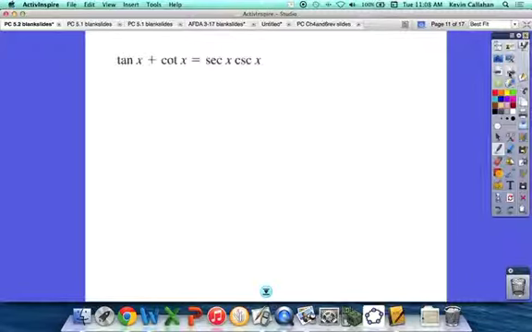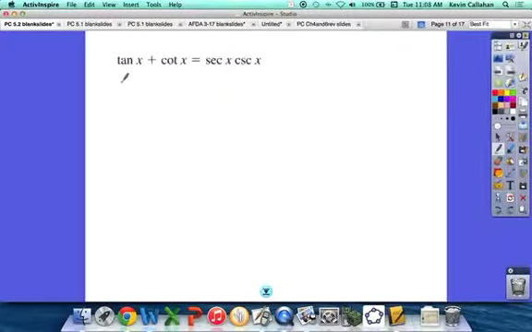The only thing is that if you got more than one term, then just the simple fact that this is going to be sine over cosine and this is going to be cosine over sine, and you're going to have to find a common denominator, that will generally get you towards one term, which this is just one term, right? Two factors, one term.